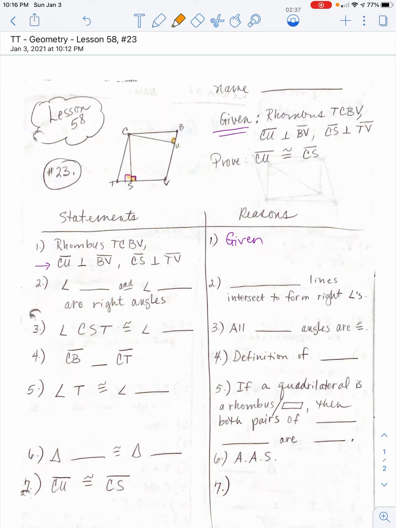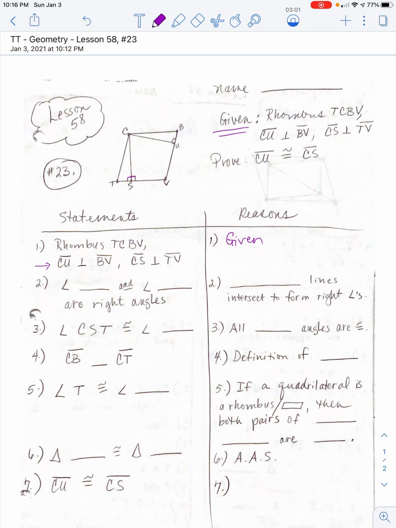Do you see where I marked that? Okay, that's going to be a right angle, and we are more concerned about that one than we are this one, because this one over here is inside the triangle, and we're trying to prove parts of those two triangles congruent. So I'm going to go ahead and leave that marked there.